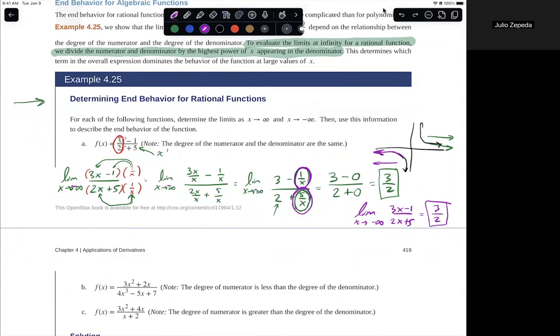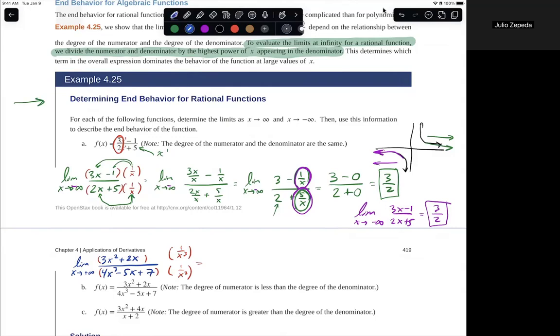So here for part B, we'll look at the limit as x approaches positive infinity of 3x squared plus 2x over 4x cubed minus 5x plus 7. We multiply by the biggest degree in the denominator, which is x cubed. So we divide by that, so multiply by 1 over x cubed.